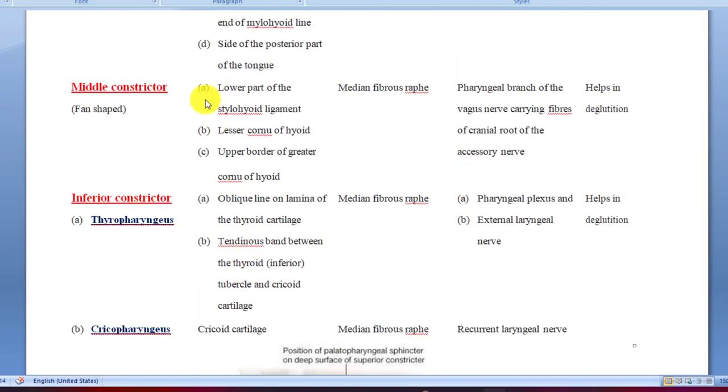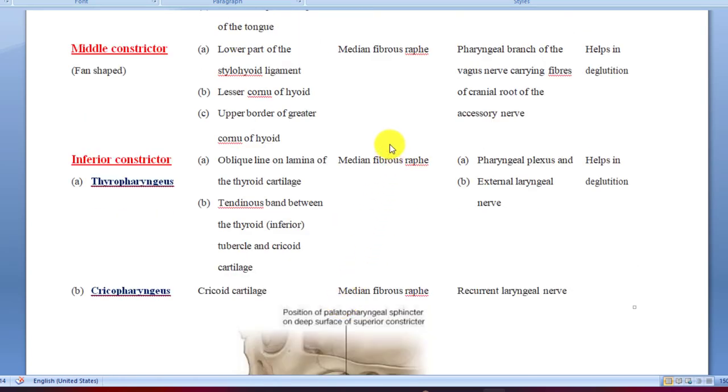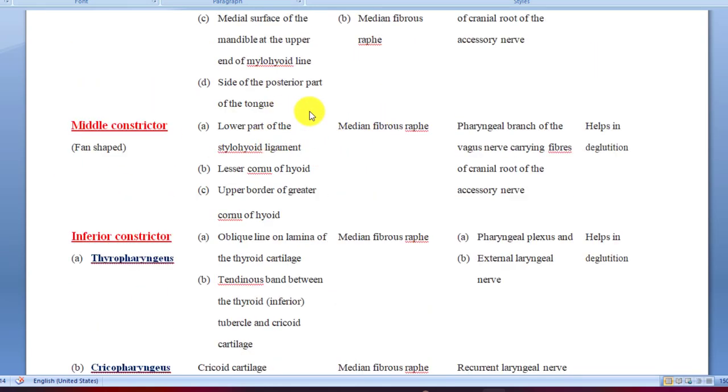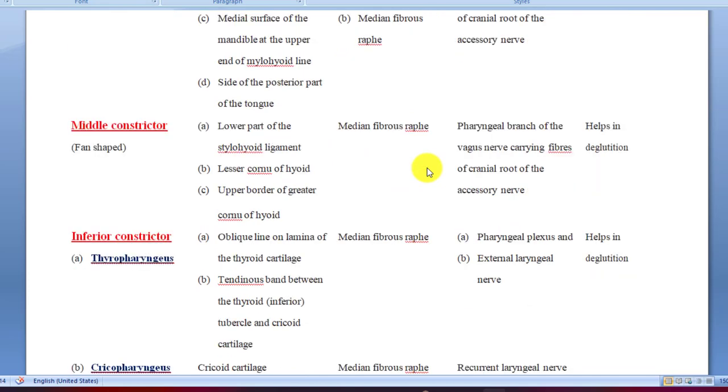The middle constrictor muscle gets its origin from the lower part of the stylohyoid ligament, the lesser cornu of the hyoid, and the upper border of the greater cornu of the hyoid. So it gets its origin from different regions of the hyoid bone. This is our hyoid bone, right? Then the insertion of this muscle is the median fibrous raphe.